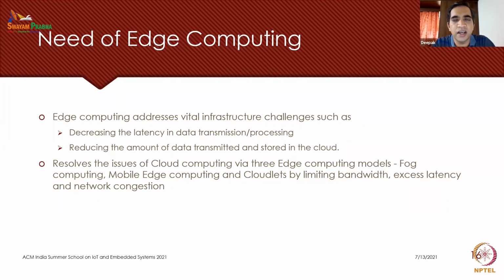It is still there for the purpose of having a bigger picture of the environment, the set of nodes that are there, the set of applications, the models, maybe if you're running some algorithms that are using machine learning and all that. So there are a lot of things that the cloud can still do, and therefore cloud does not go away.